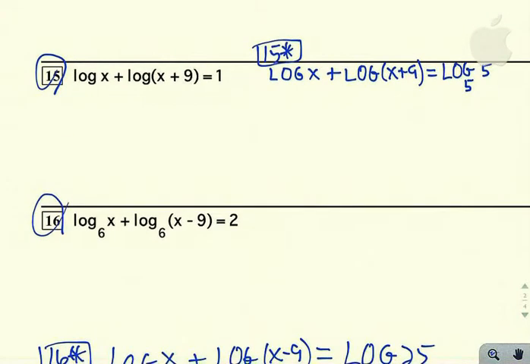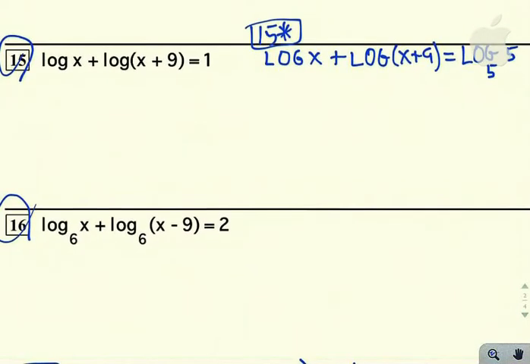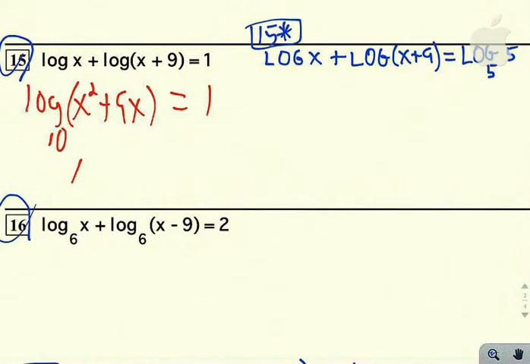Number 15, we have to use the log law to solve. So this would be log of x squared plus 9x equals 1. And when there's no number under the log, remember it's base 10. So 10 to the 1 equals x squared plus 9x.